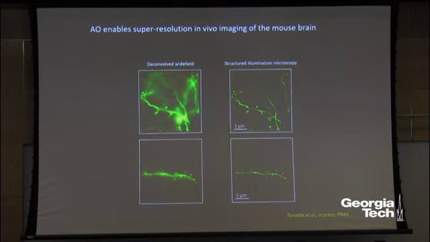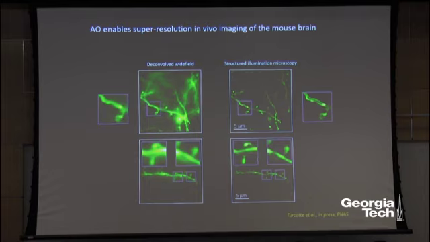On the top is an example where the cell is labeled with a membrane marker, and you can see that the high resolution of SIM allows us to see the hollowness of the spine head, which you cannot really see with the diffraction-limited method. At the bottom is another example of a cytosolic expression, where the protein is just expressed in the cytosol. And again, you can see those internal organelles, which you couldn't really see before correction.